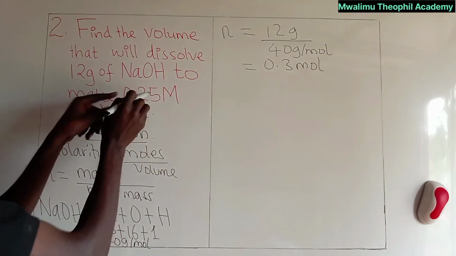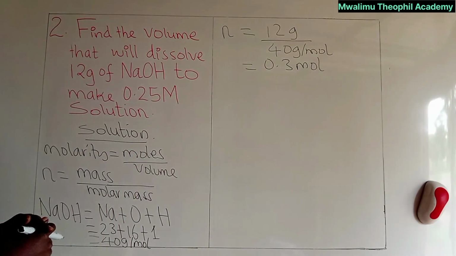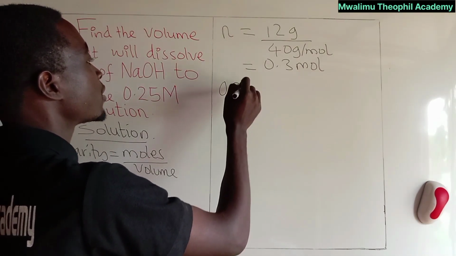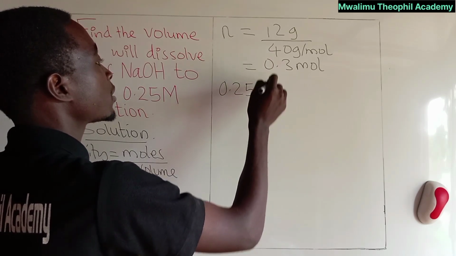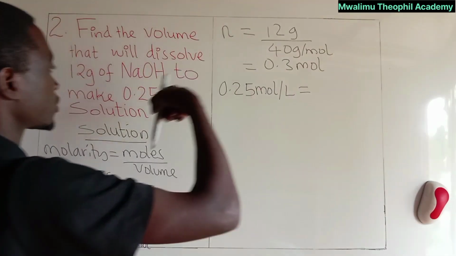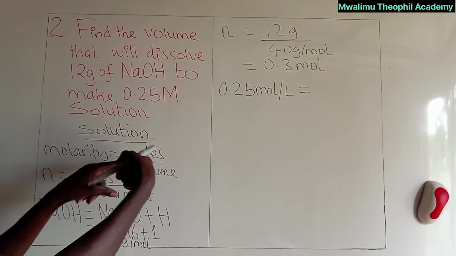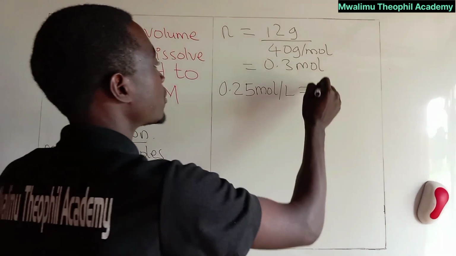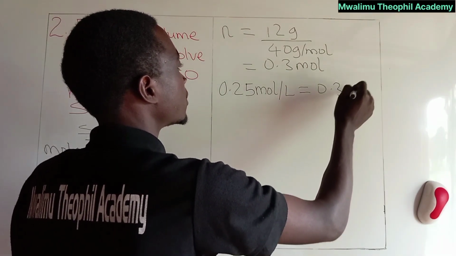As we have been given the molarity for the sodium hydroxide solution made, which is 0.25, our molarity is 0.25 mole per liter. This will be equal to the number of moles over volume, as the formula states. The number of moles obtained is 0.3.